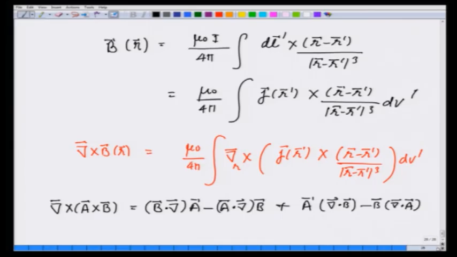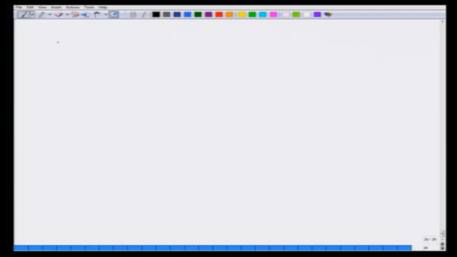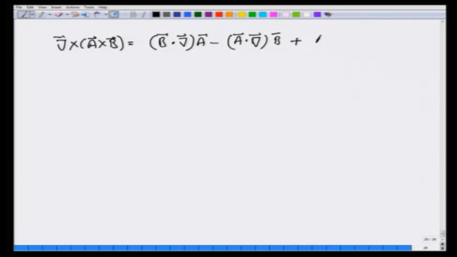What it means is, let me explain it in the next slide. I have written curl of A cross B as B dot del A minus A dot del operating on B plus A divergence of B minus B divergence of A. You are familiar with this term and this term.